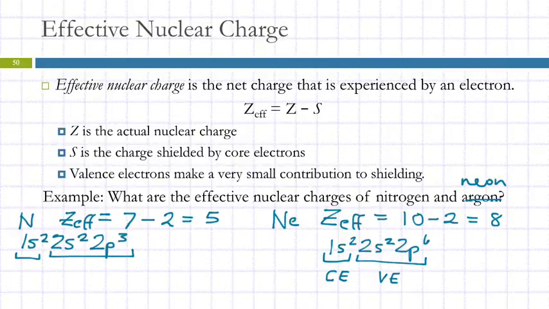Yes? Is it just coincidence that the effective nuclear charge is the same as the number of valence electrons, or is it always going to be? That's a good question. No, it really isn't a coincidence. Is it always going to be that way?